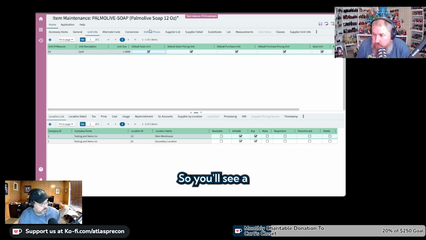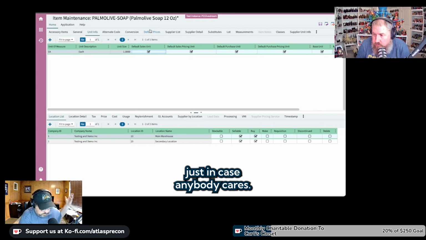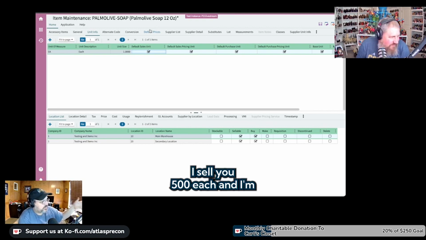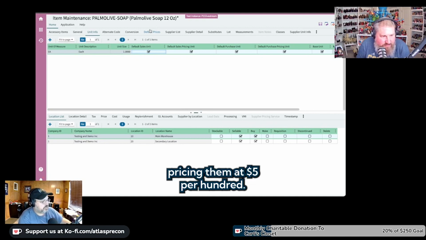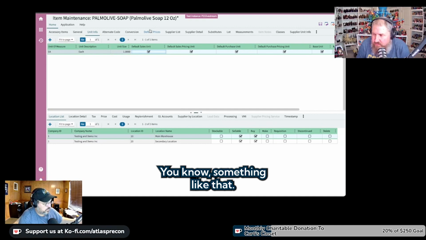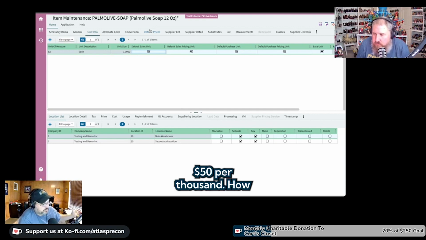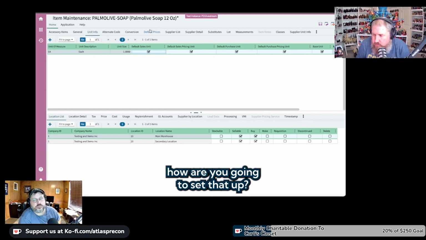So you'll see a pricing unit of C or M, Roman numerals, just in case anybody cares. Like I sell you 500 each and I'm pricing them at $5 per 100, or $50 per 1,000, however you want to set that up.